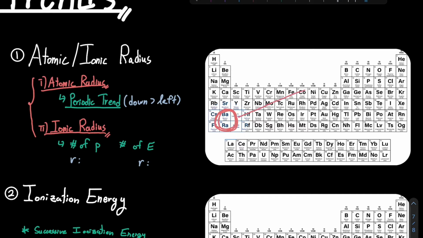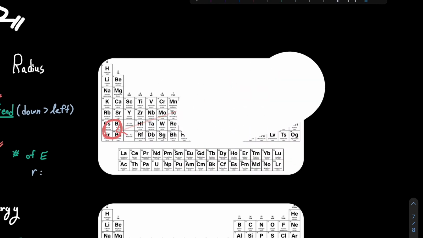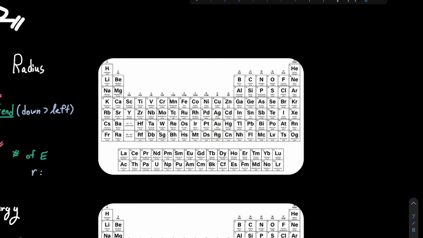So it kind of goes like this: as it goes down and as it goes left, the atomic radius of atoms increases. The atoms in this area would have the largest atomic radius, and the atoms in this area would have the least atomic radius. So when we are comparing two atoms to see which one has a bigger atomic radius, we have to see which one is closer to the bottom left corner of the periodic table.